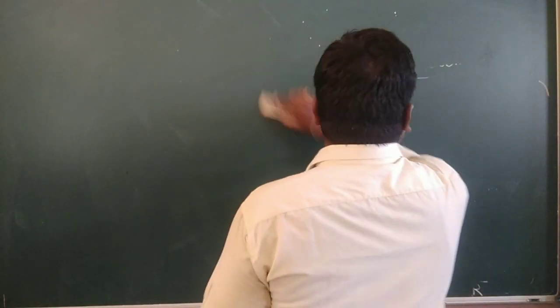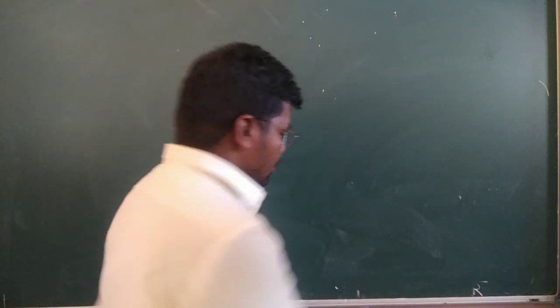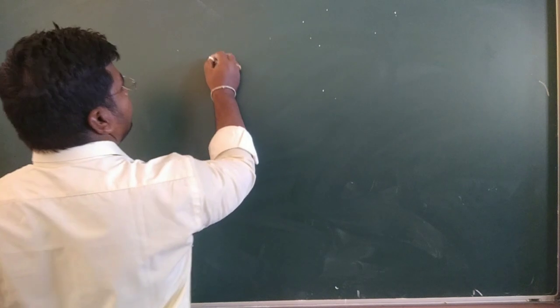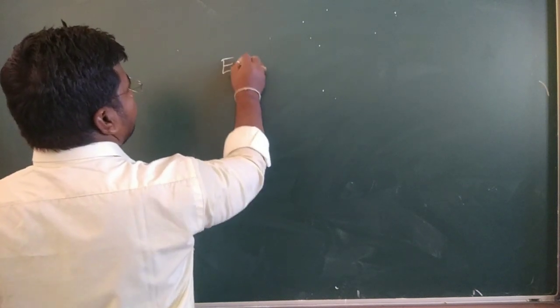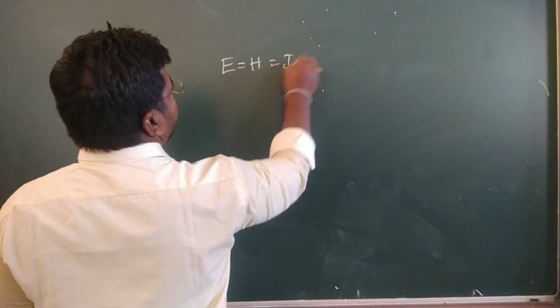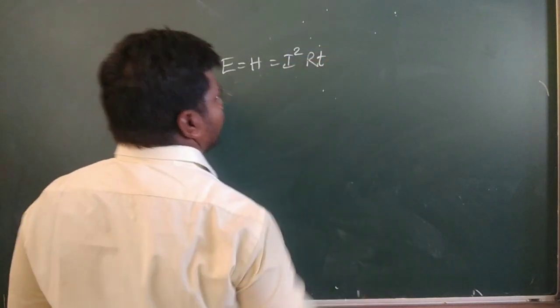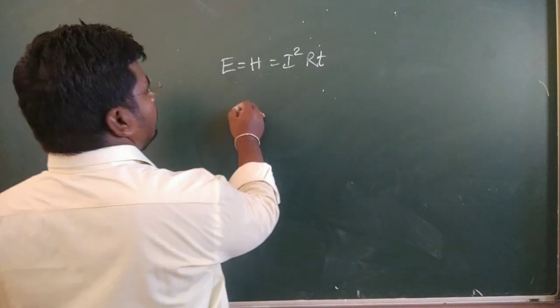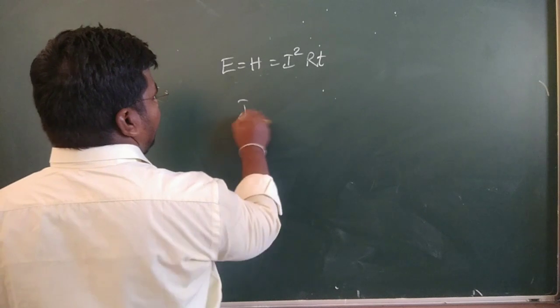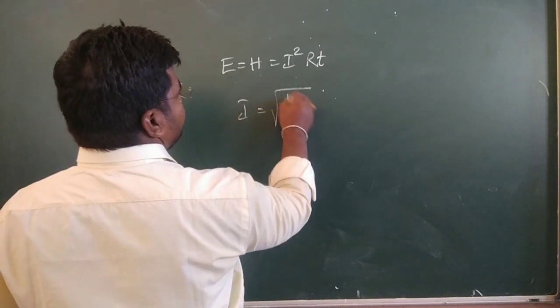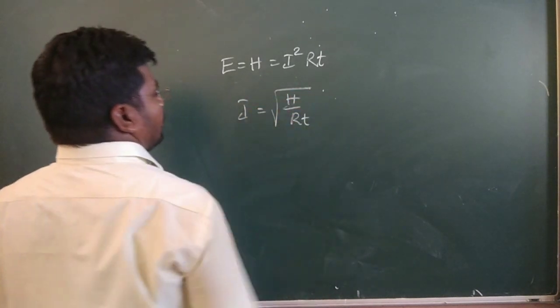Finally, we can conclude that electrical energy or heat energy is given by I square RT. From this, the current I is equal to root of H by RT.